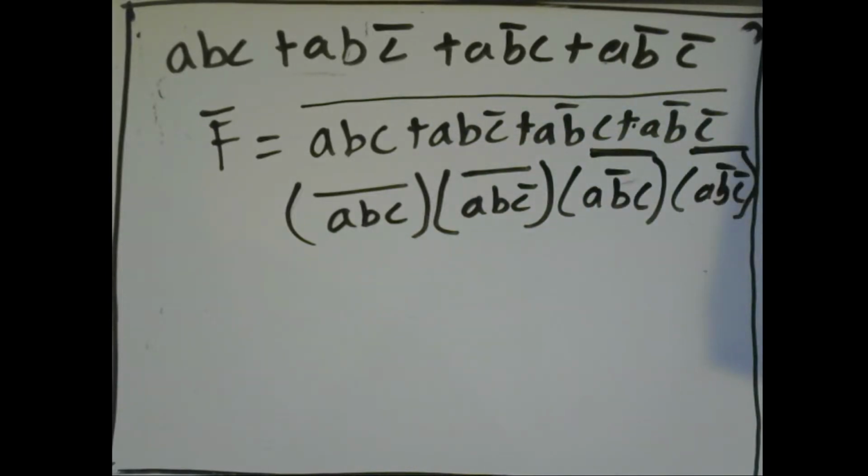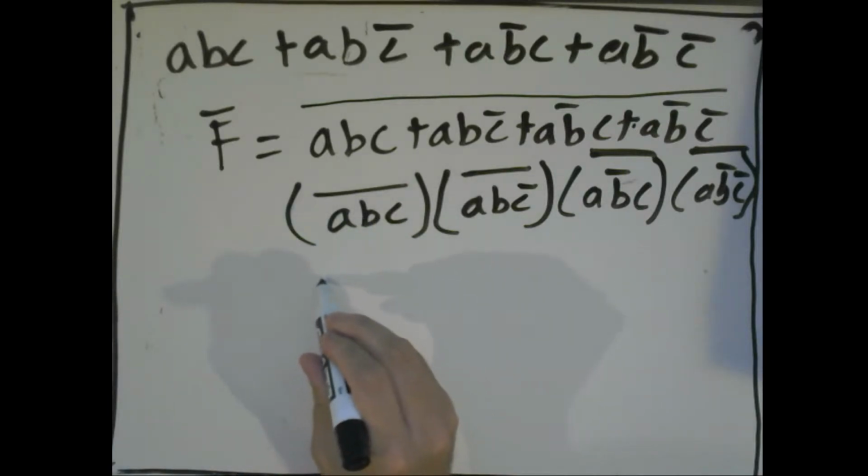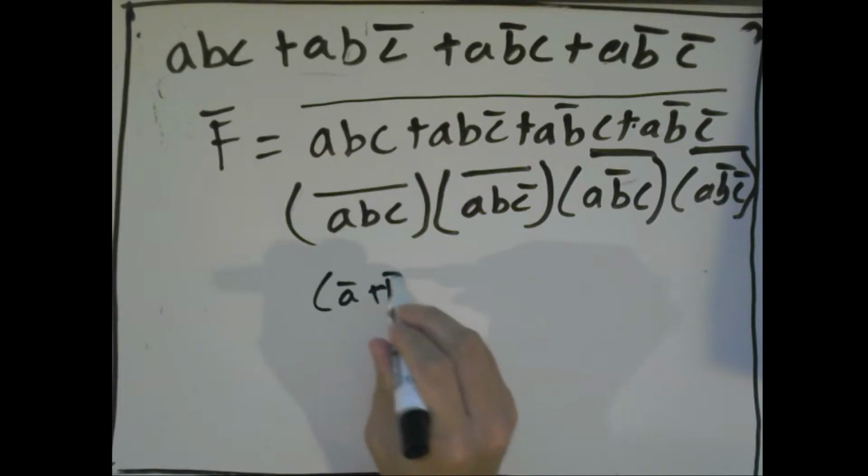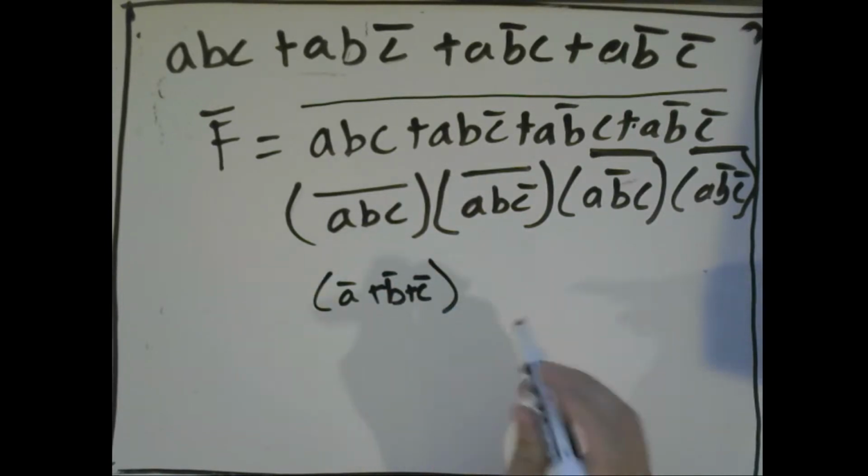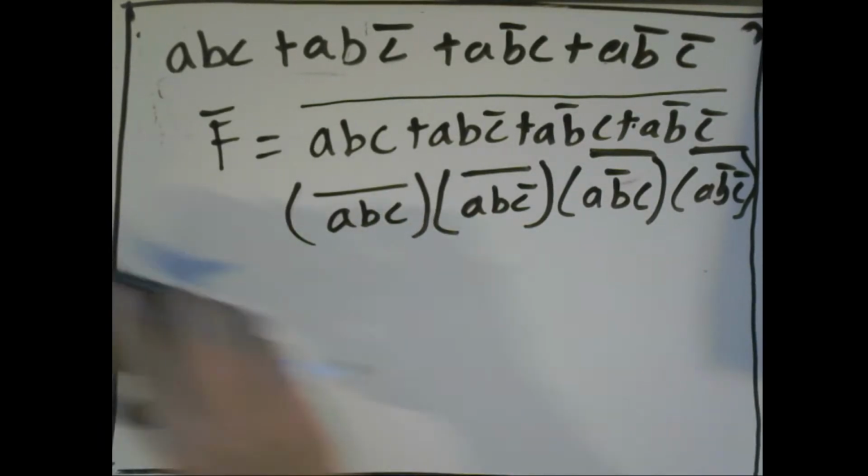So of these, I just inverted the tops. And now what I want to do on the insides is convert those to pluses to get it into POS format. So I'm going to apply De Morgan's law again here. And so I can break these apart, kind of expand this out.